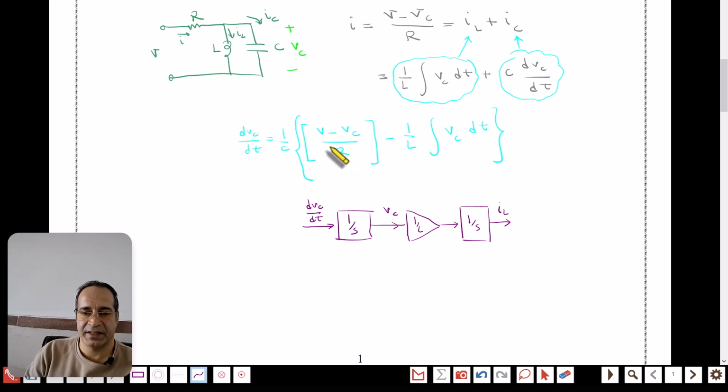And then I can create this term over here in the input part, V minus VC. I have the input V here, minus VC. VC is here, so easy. V minus VC, like that.